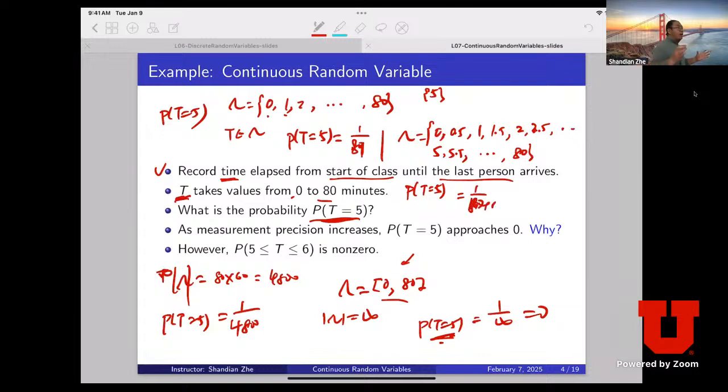But anyway, the point here is to show you that when you gradually increase the sample space, which originally was discrete and finite, right?